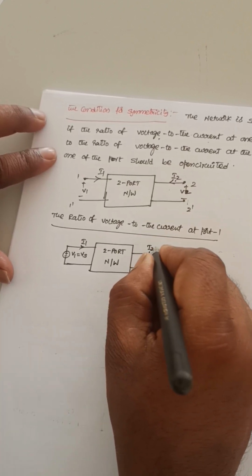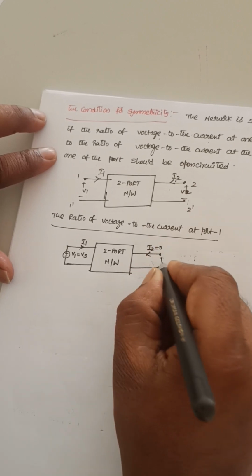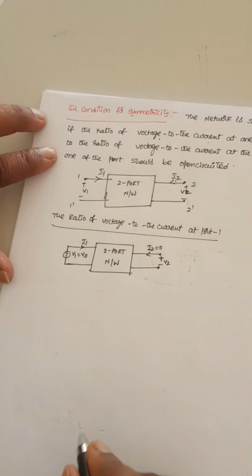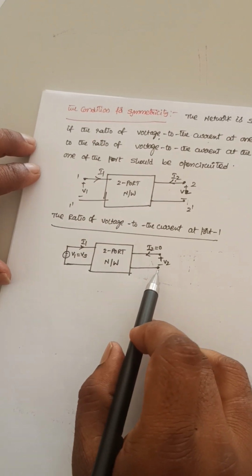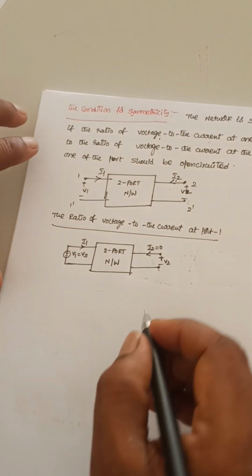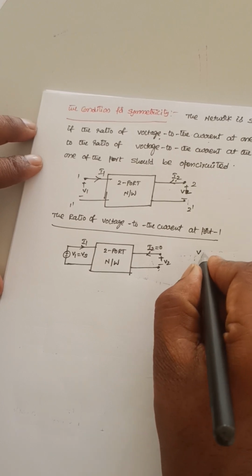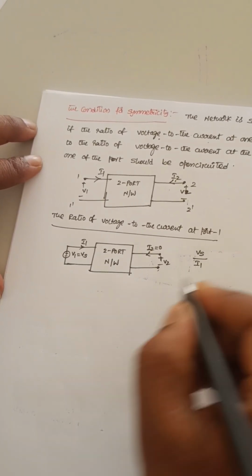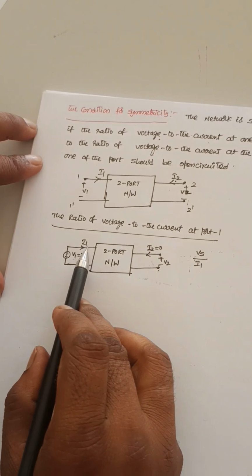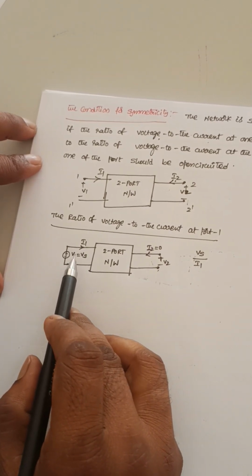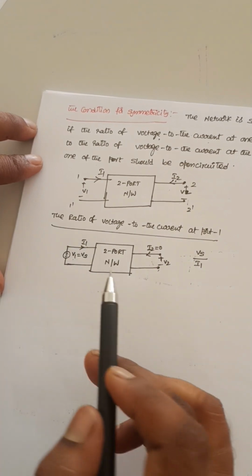That means I2 should be equal to 0, and this is V2. One of the ports should be open circuited. Now here I need to find this Vs by I1, the ratio of voltage to the current, or excitation to the response, at one port.